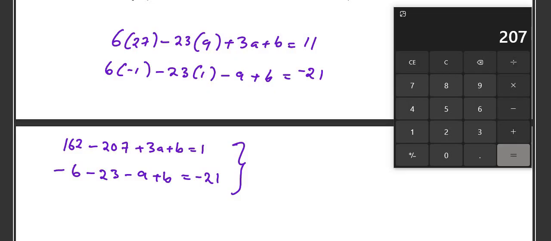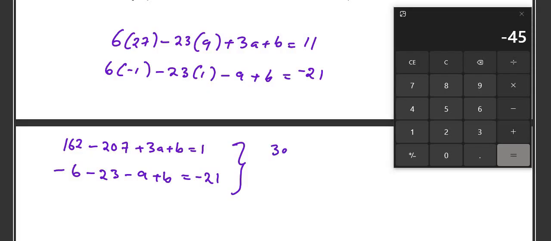Please do confirm with me whether you get the same. Because of time, I'm going to be using a calculator here. This is what I got. Then if you take the 162 minus your 207, I'm getting a -45. When it goes on the other side, it's going to be a 46.